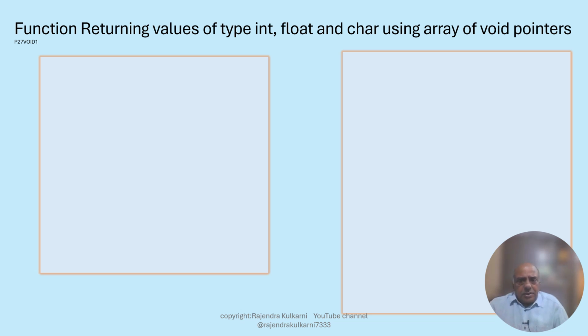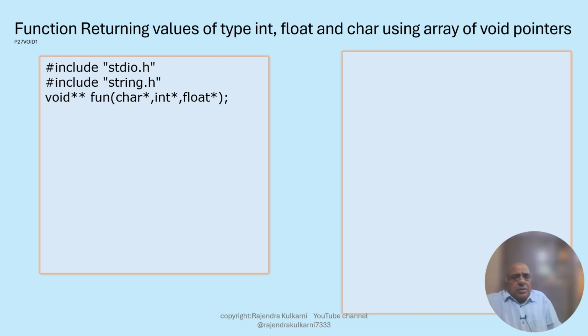Now there is another array called an array of void pointers, and by returning the pointer to an array of void pointers from the function, we can return the values of type int, float and char together in one array. How that is done, let us see.